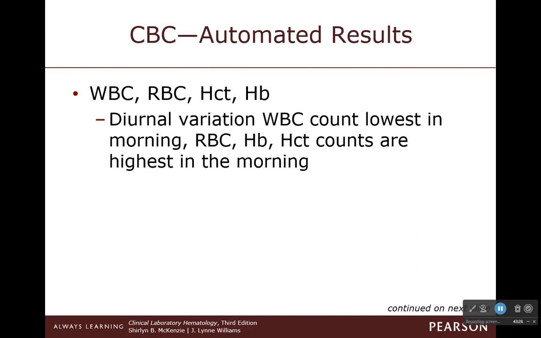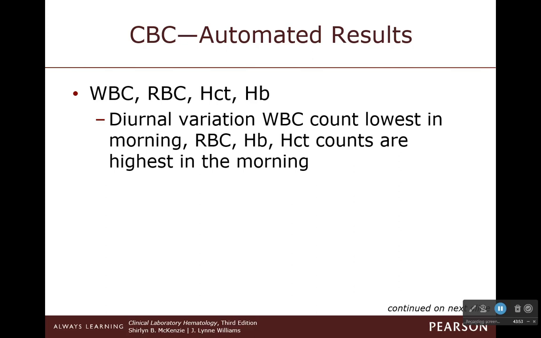We talked about diurnal variation in phlebotomy. Does anybody remember what diurnal means? What does di mean? 2. 2 times. So basically it's saying 2 different times of the day you have a difference in the variation. So white cell count can be different in the morning than it is at night.